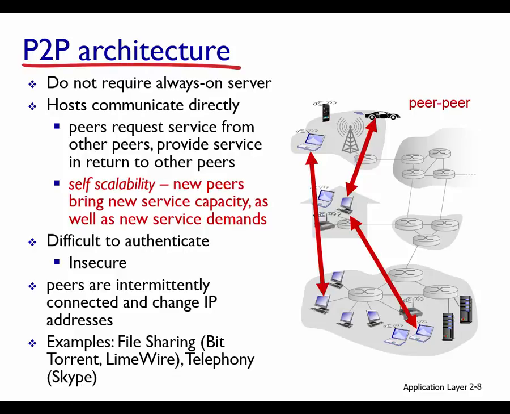One of the disadvantages is, unlike a client-server system where the servers can be in a secure facility and you can have all of your cybersecurity software running on that server to control the data, there's no central control in a peer-to-peer architecture, so it is by definition insecure.